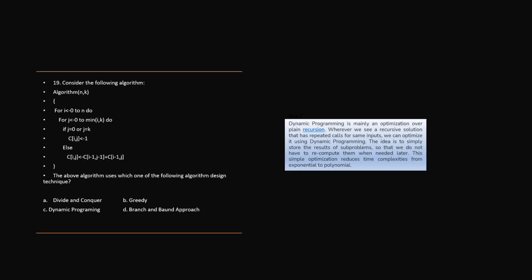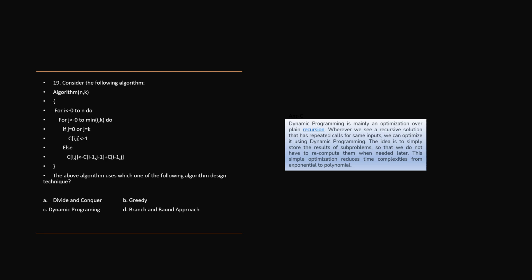So we have a very good question, and it is also a little logical. We will go through it and try to understand what the answer will be. We can see one loop going from i equals 0 to n, and another loop going from j equals 0 to the minimum of i and k. n and k are actual arguments of the function.